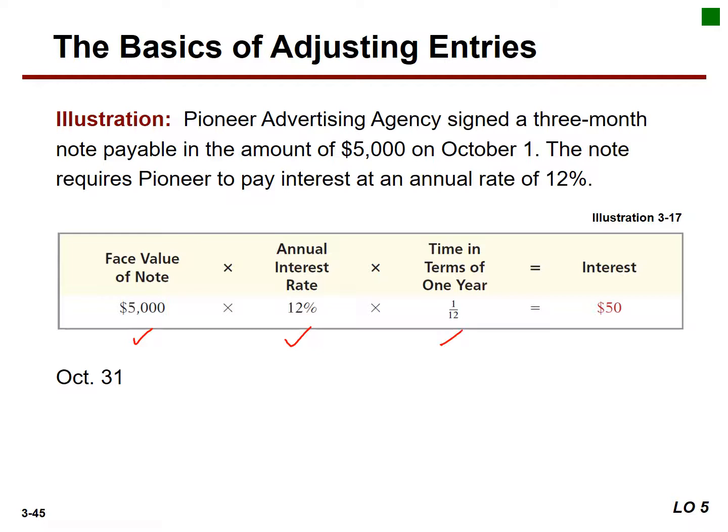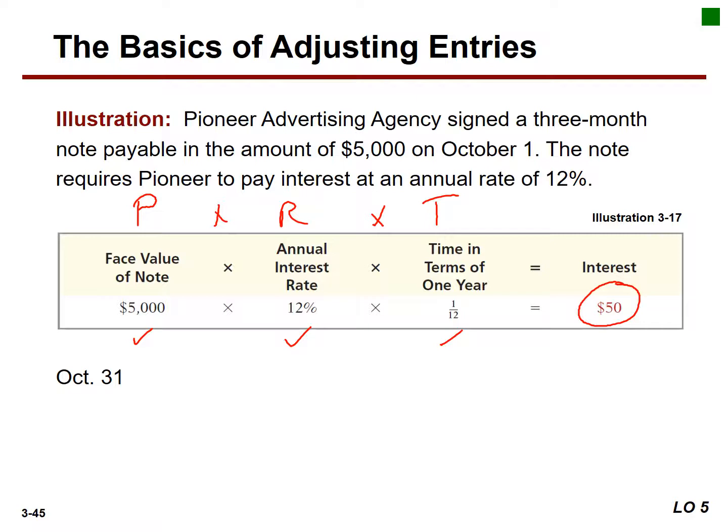So this would be 1/12, 1 month out of 12. So remember, the formula for interest is principal of the loan times the interest rate times time. Because our interest rate is expressed in terms of an annual interest rate, time has to be expressed in terms of a year. In this case, 1 month or 1/12. And we see the calculation of our monthly interest is $50.